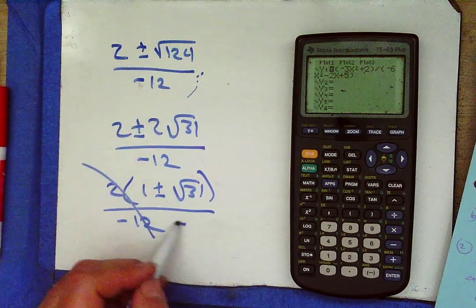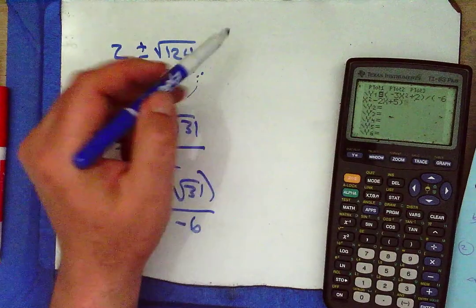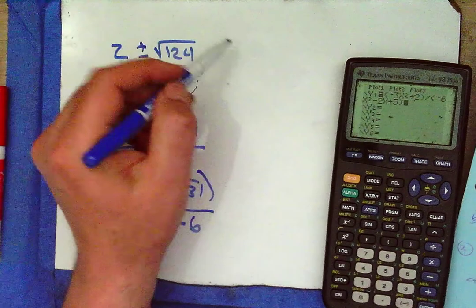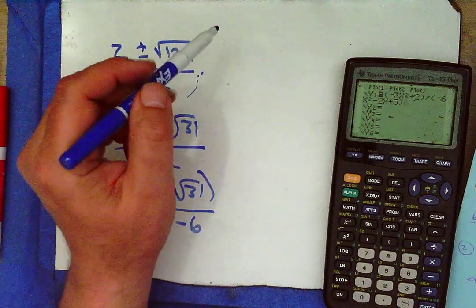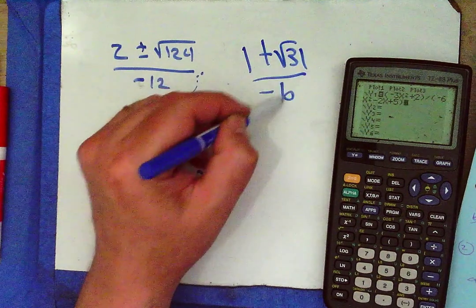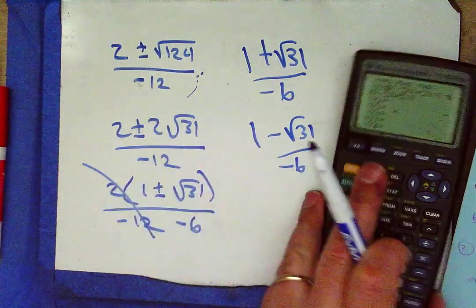And so I could cancel and get negative 6. So let's take a look at 1 plus root 31 over negative 6, and 1 minus root 31 over negative 6.